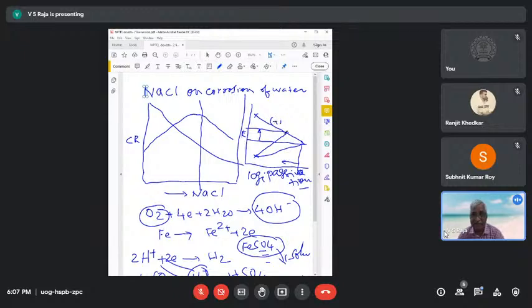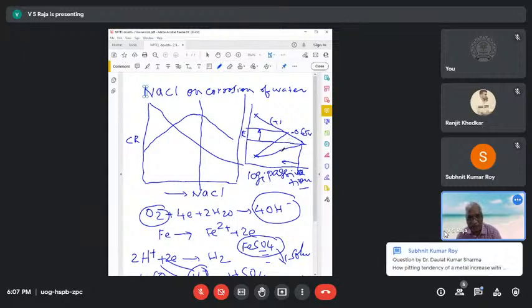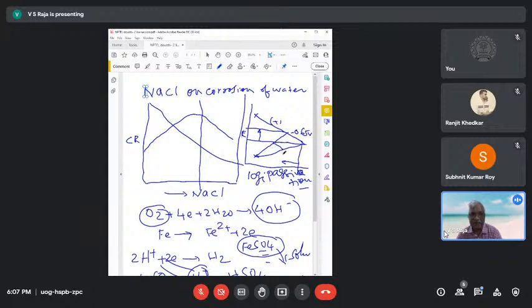That means this is relatively positive. Among these two, which is relatively positive? Minus 0.65 volt is more positive, right? So what kind of inhibitor is it? This changes the slope from here to this. That means it is affecting the anodic reaction. So it is called an anodic inhibitor.